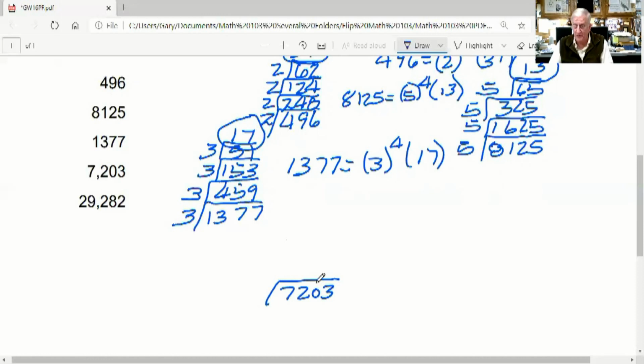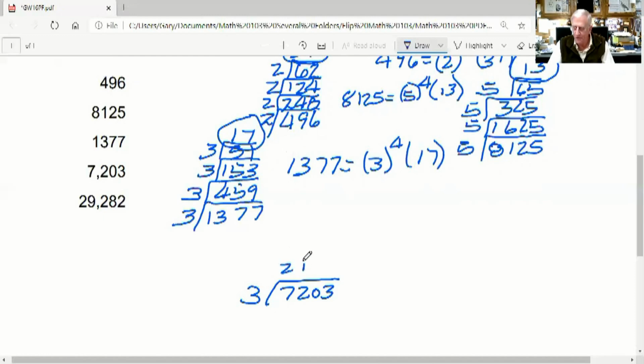Maybe it is divisible by 3. If I add 7 and 2 together, that's 9. And 9 and 3 is what? 12. Well, gosh, looks like we caught a break there. So this is divisible by 3. At least we'll get it to be smaller. 7203 divided by 3 equals 2401.